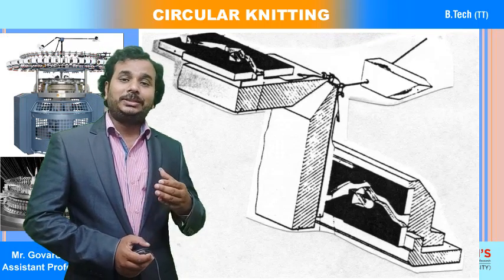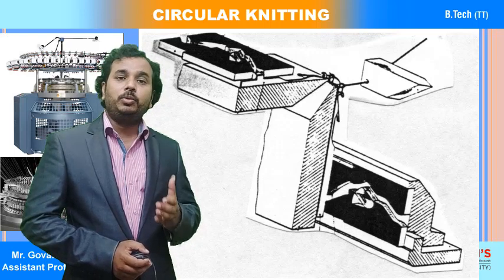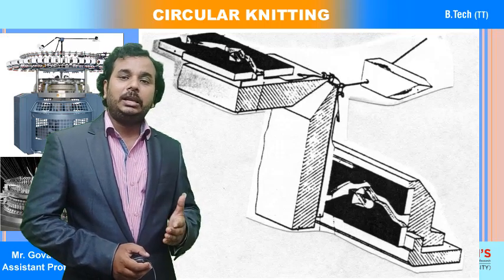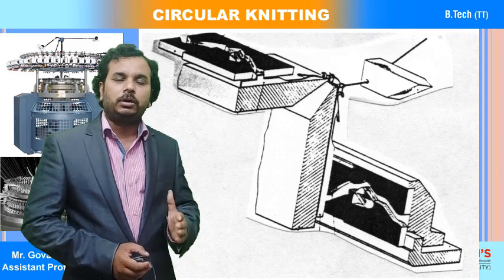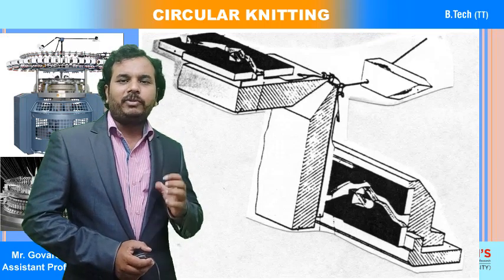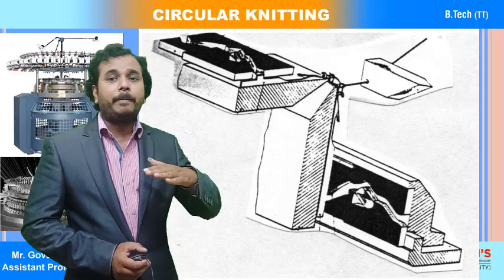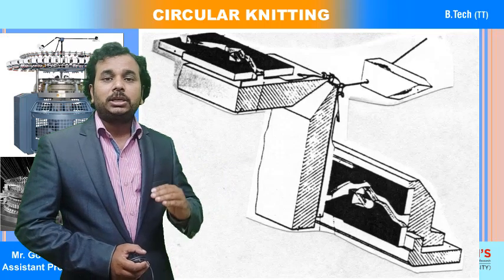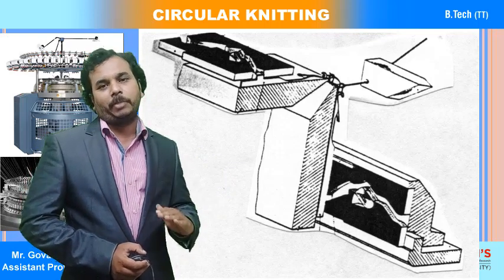Now you need to understand what exactly the movement of the needle is. The needle in the cylinder is rising up and lowering down, and in the case of dial needles, the needles are moving forward and backward, because the needles in the dial are placed in a horizontal manner.